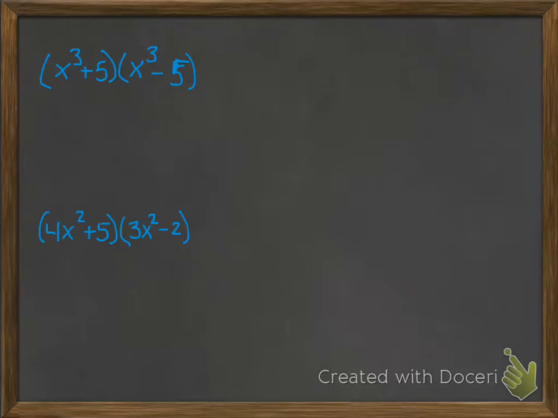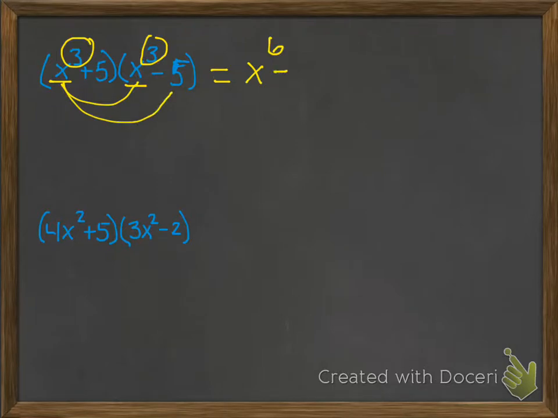Alright, a few more. So these ones are a little bit trickier because our first terms, 3x cubed times x cubed, actually makes x to the 6 because we add our exponents. So I added the 3's. And then minus 5x cubed.